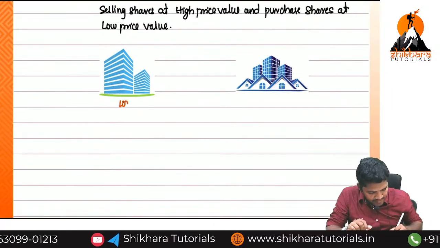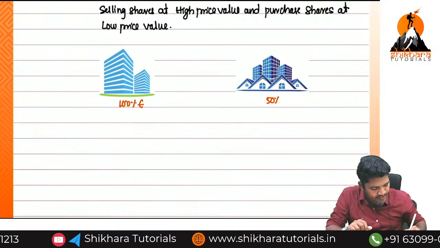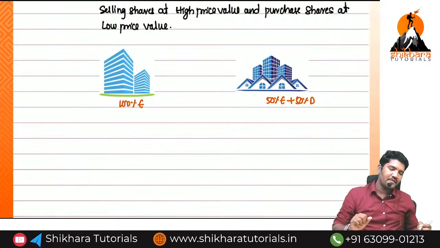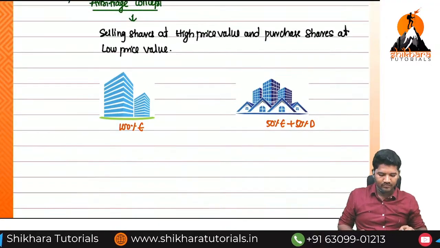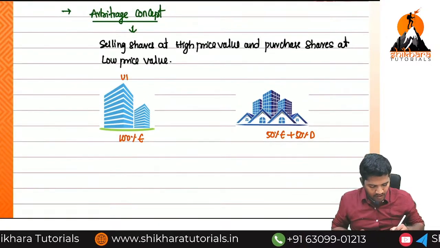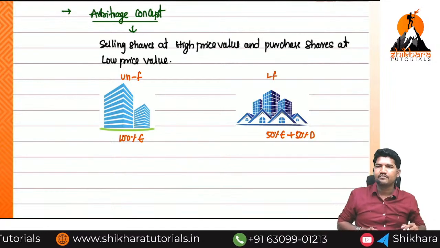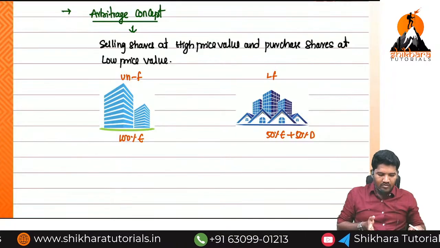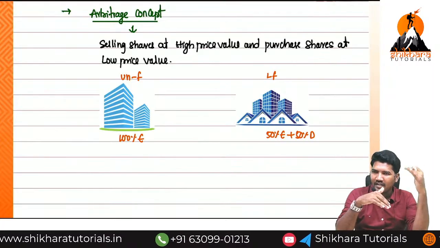It is a 100% equity. It is a 50% equity plus 50% debt. Now please tell me which one is the levered firm and which one is the unlevered firm. Unlevered firm, levered firm. Are you agreed? As per the example, I told A Limited's share price falls and B Limited's goes up.